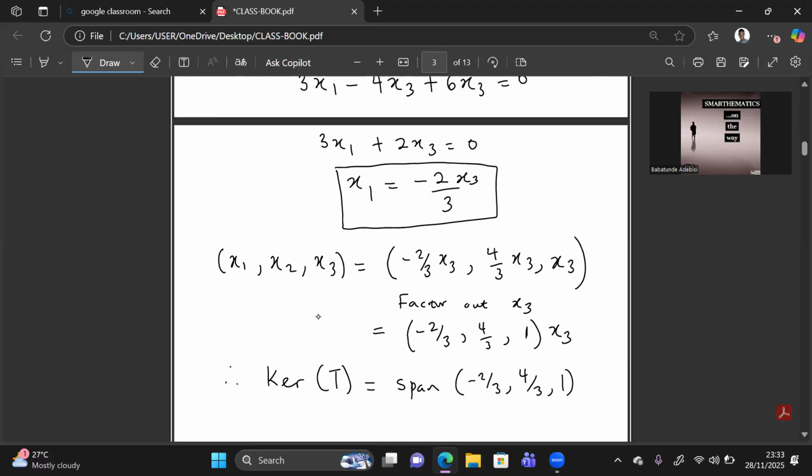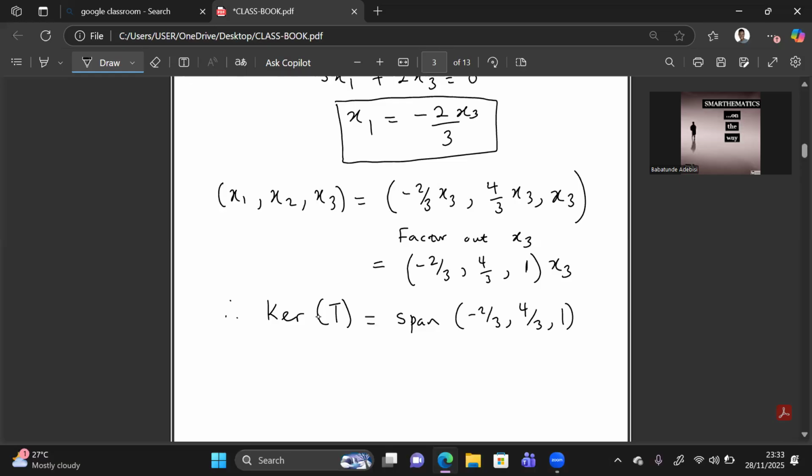It's because we are factoring out the x3 that this is like a basis for every other set. So that's why I'm going to put span: span of minus 2 over 3, 4 over 3, comma 1. In fact, to put it in a simpler form, you can multiply through by 3 because 3 is a common denominator, for nicer, simple integers.